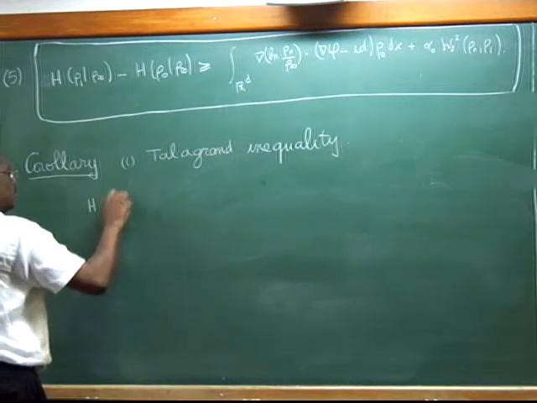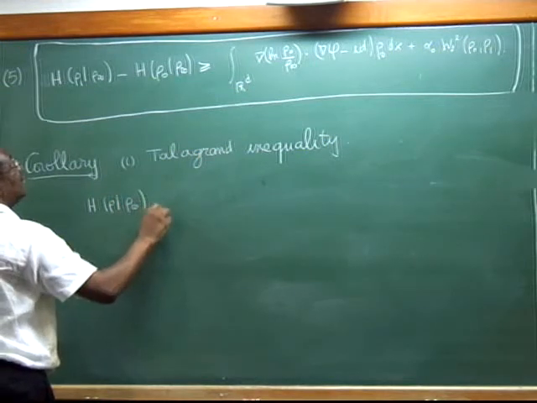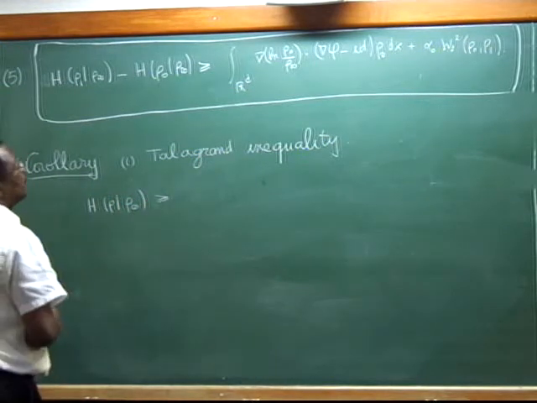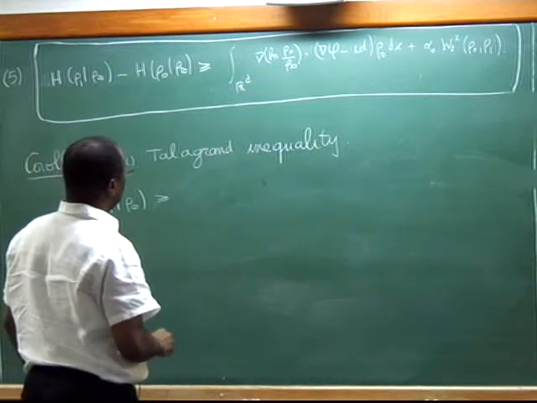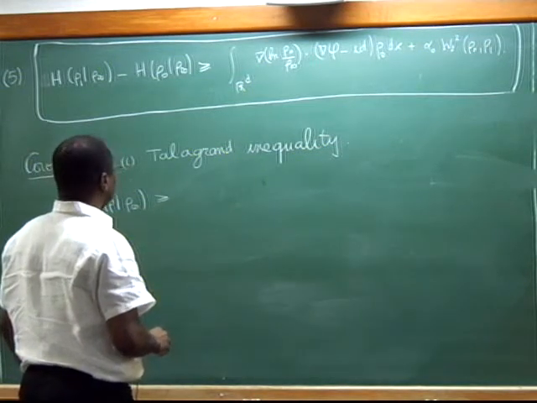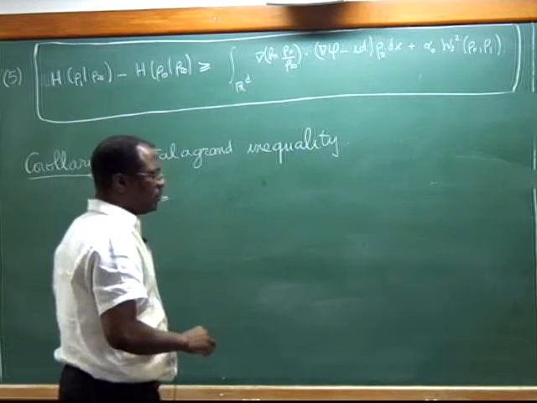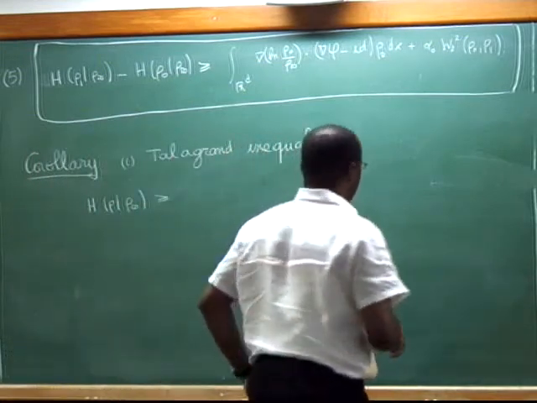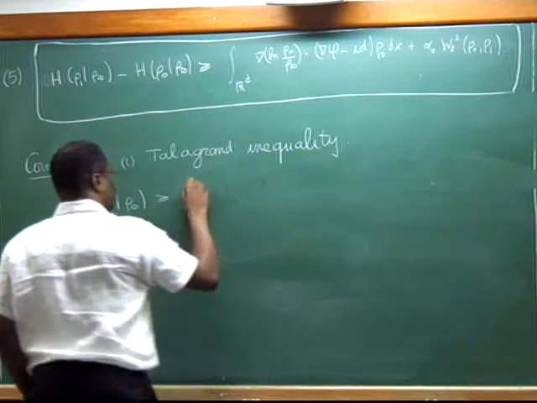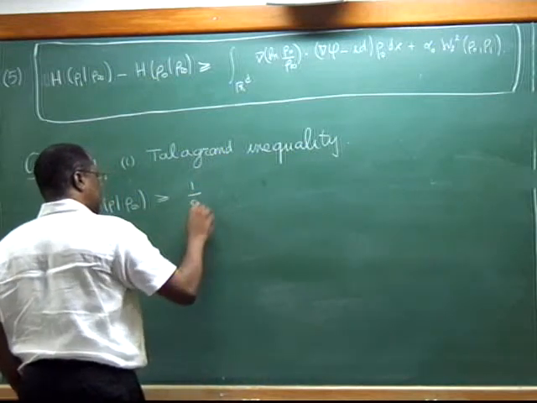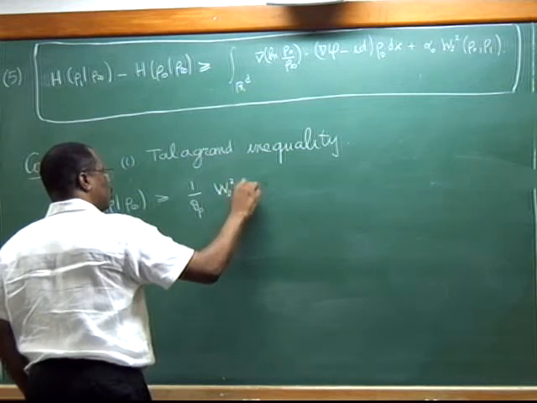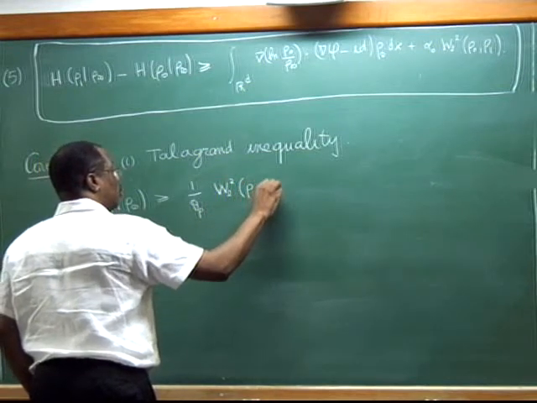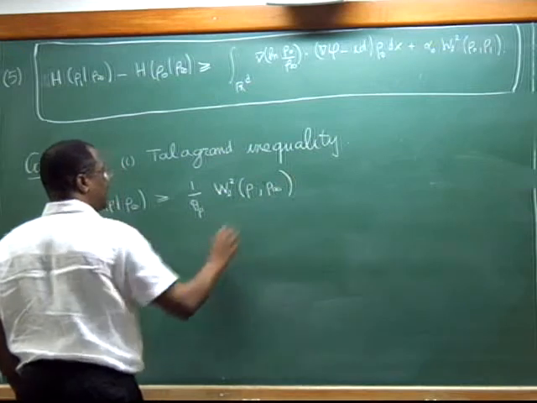H of rho, knowing rho infinity, is bigger than or equal to one over theta rho times the Wasserstein distance between rho and rho infinity.